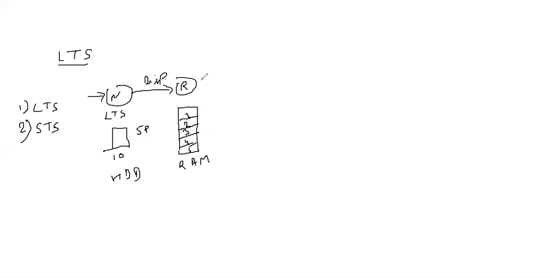Now, if we assume that I have a processor or CPU which is a uniprocessor, a single processor, what does this mean? It means that I can run one process at a time. Irrespective of multitasking or multi-programming, in the CPU I can run only one process at a time.